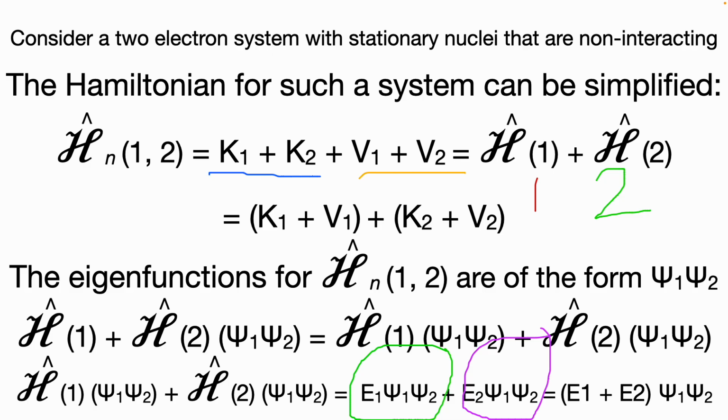And we see that the eigenfunctions are a form of the eigenfunctions of the two component Hamiltonians, and we take the product. One thing to note here is that the eigenvalues are of the form of the eigenvalues of the individual component Hamiltonians taken as a sum. In this case, that is E1 plus E2.